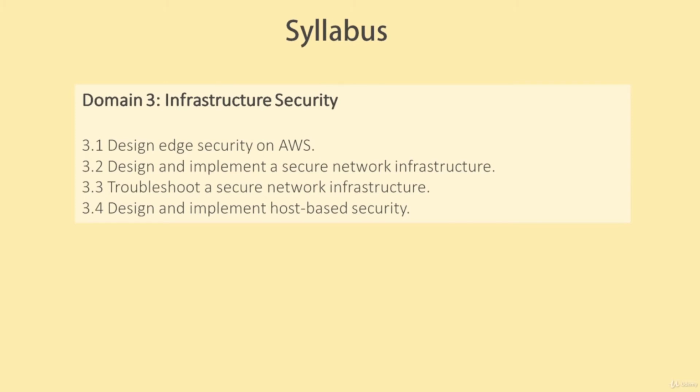Then you need to have troubleshooting of a network security infrastructure, and securing this thing would be very useful. In case of any error or failure, you would be able to troubleshoot, point out the reason of error, and try to fix it. Then you need to design and implement host-based security implementation.